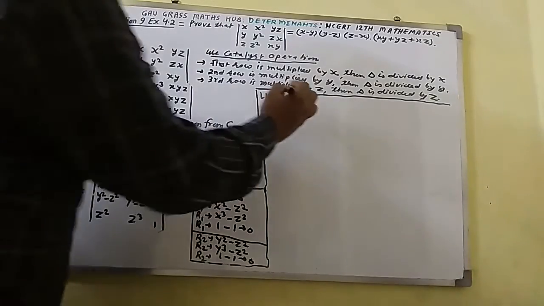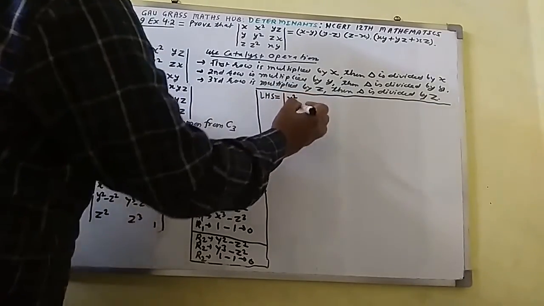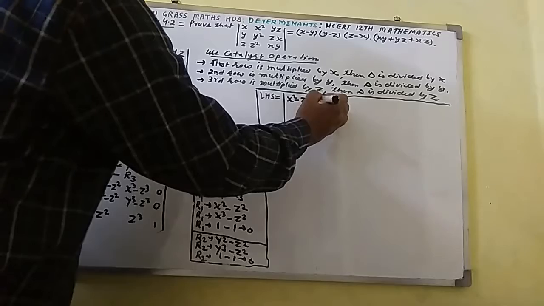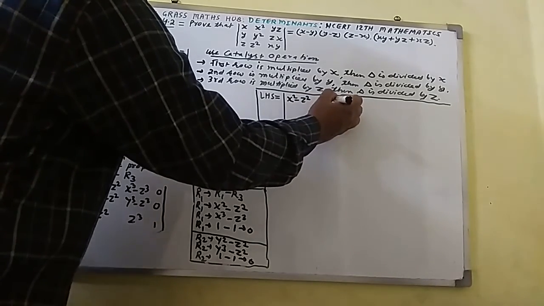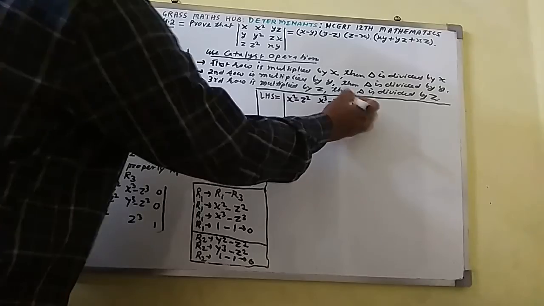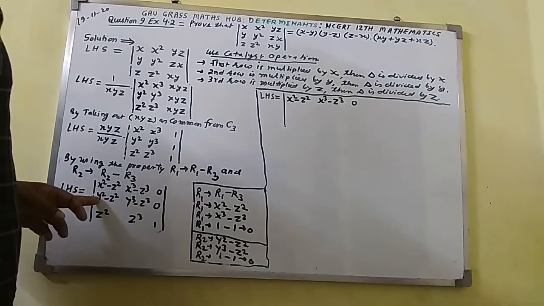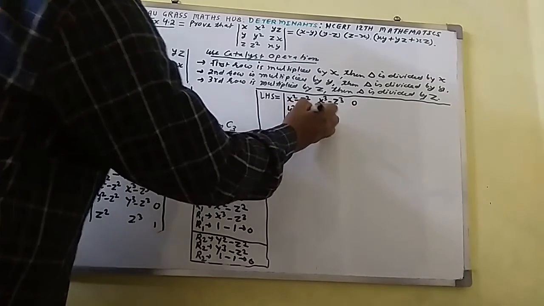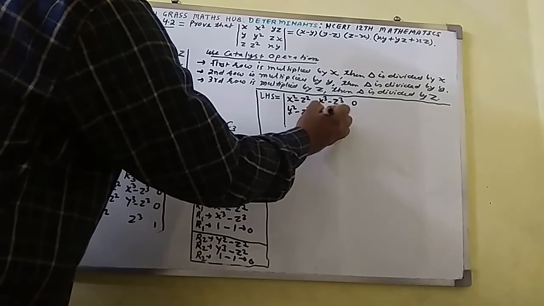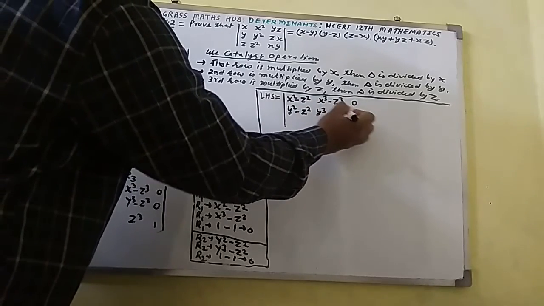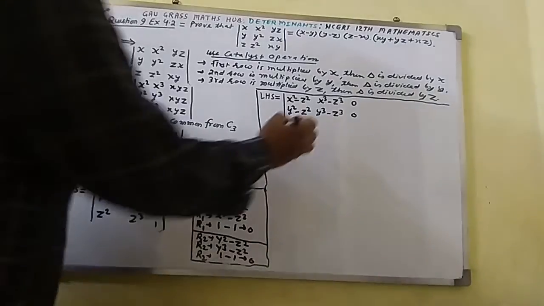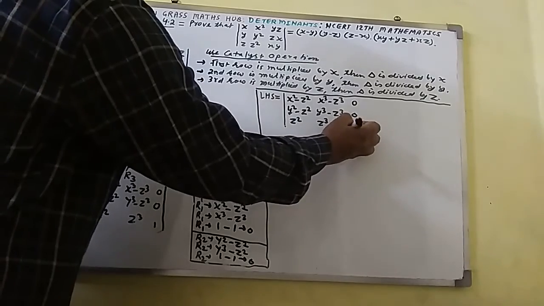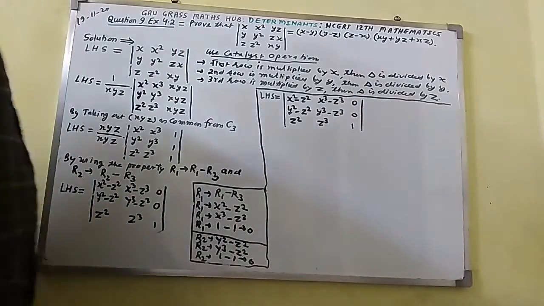So first of all write this one: x square minus z square, x cube minus z cube, here write 0. The elements of the second row: y square minus z square, y cube minus z cube, 0. The elements of the third row: z square, z cube, 1. This thing we have to get.